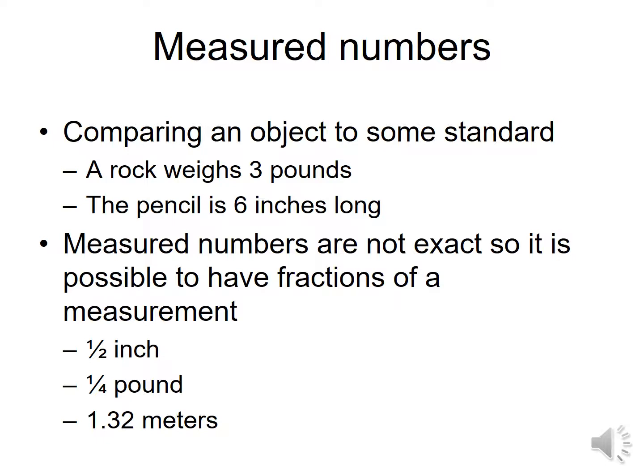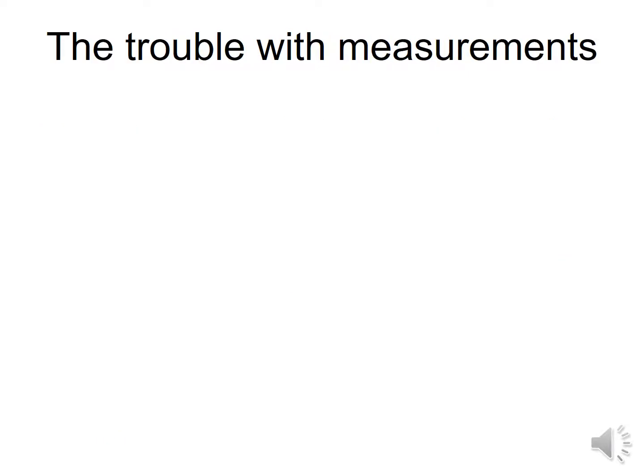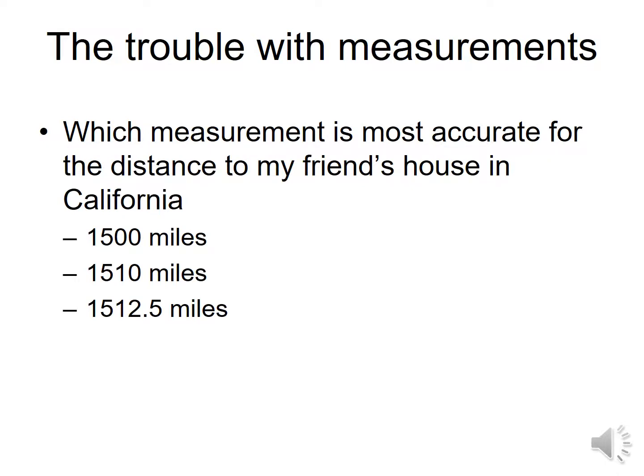Maybe it's 3.25 pounds for the rock. Or maybe if you're measuring with a meter stick, maybe it's 1.32 meters. There's some extra besides the whole number. There's some extra piece of something that you have there, and that's usually true when we have some kind of measured number. They don't come out perfectly to a whole number. So that's one of the troubles with measurements.